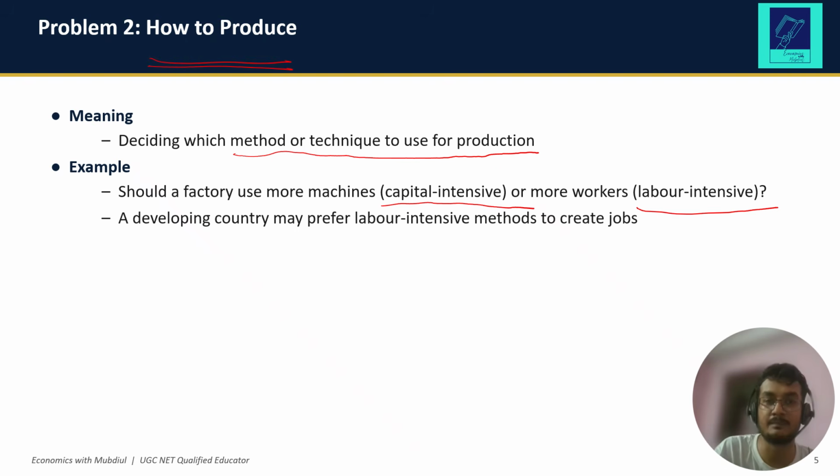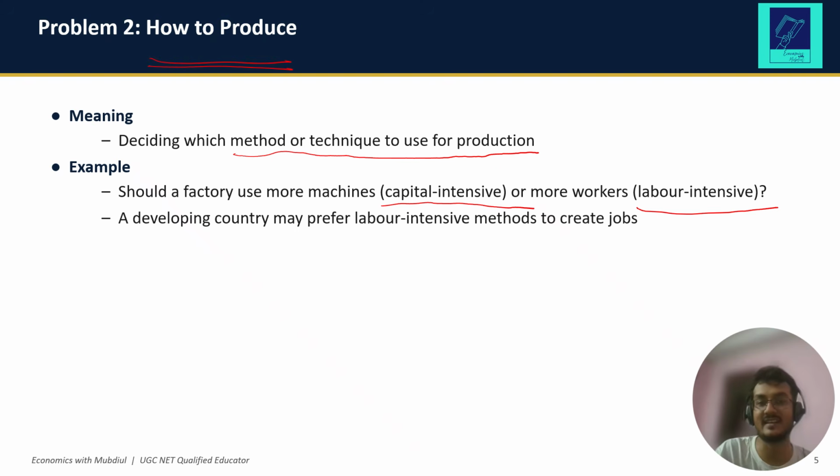Which one is better, machines or workers? You might immediately say machines. Machines can be faster, they do not ask for lunch breaks, and they certainly do not message the manager saying, Sir, fever today, cannot come. But economics would not let us escape that easily, because the answer is: it depends.